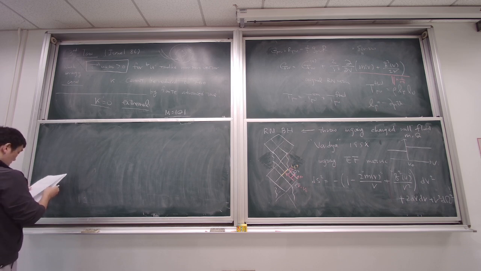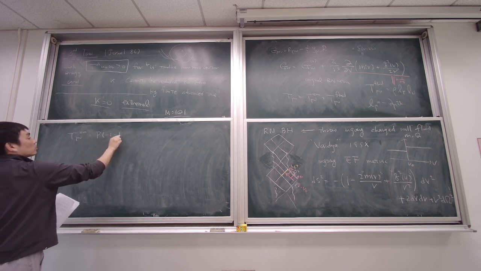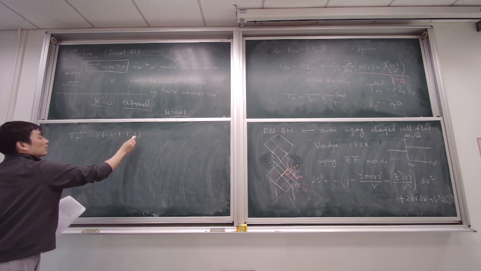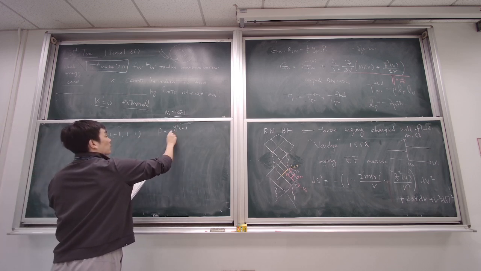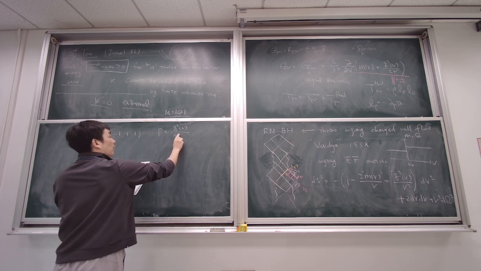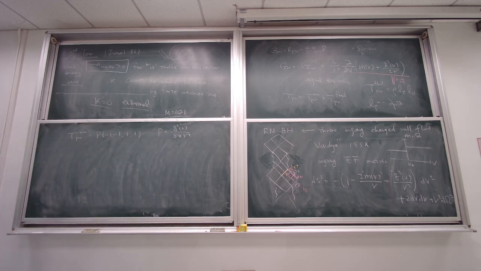Therefore, what we need to do is, the T mu nu electromagnetic is P times minus 1, 1, 1. P is something like Q square B times 8 pi R to the 4th. So that's what we already derived a long time ago.